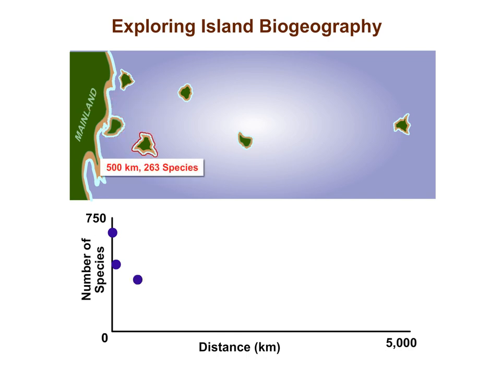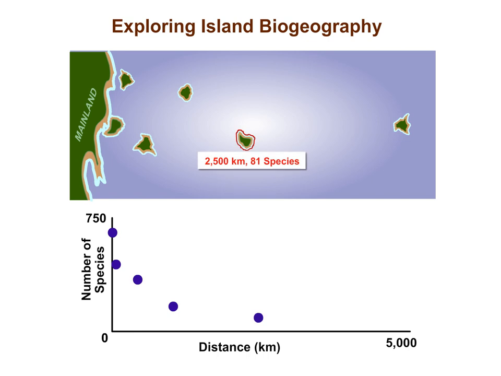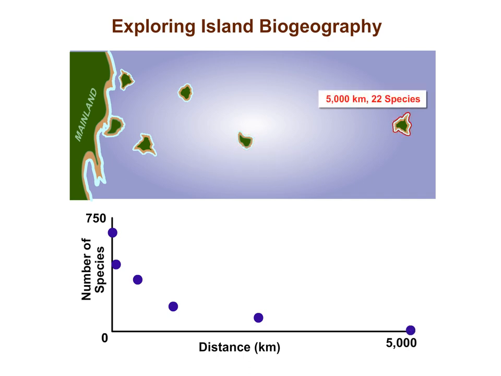The third island is 500 kilometers and has 263 plant species. The fourth island is 1,000 kilometers and has 126 plant species. The fifth island is 2,500 kilometers and has 81 plant species. The sixth island is 5,000 kilometers and has 22 plant species.